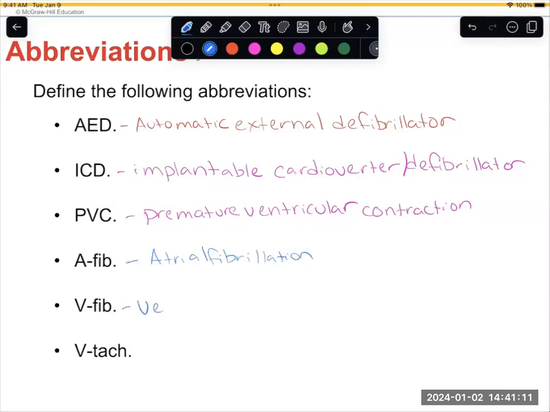VFib, ventricular fibrillation. And then we have VTach, ventricular tachycardia.